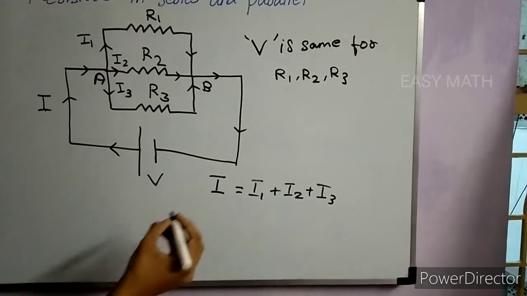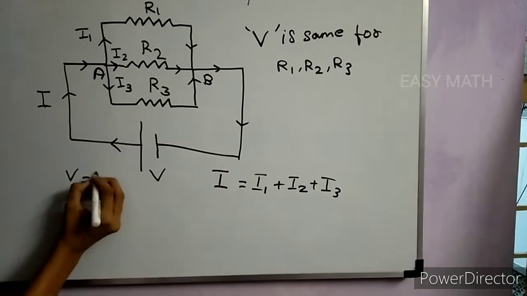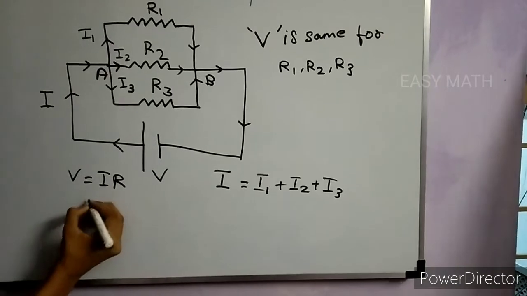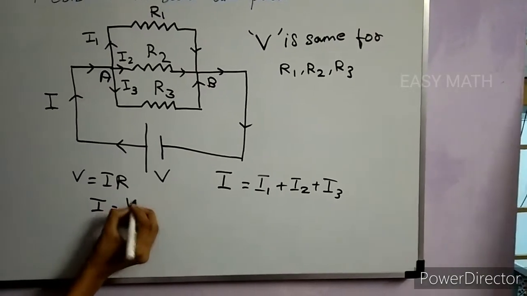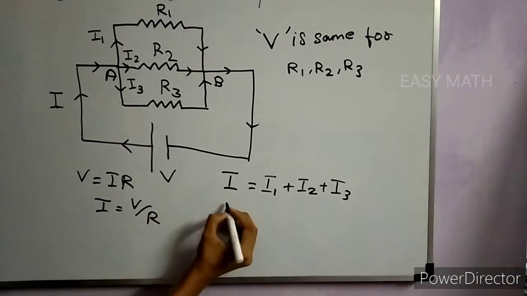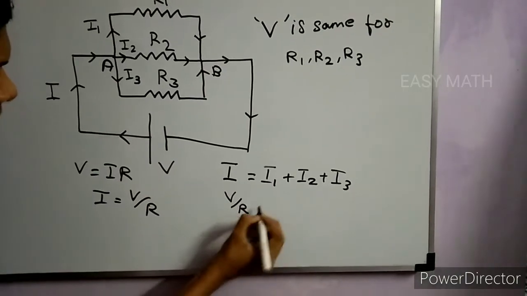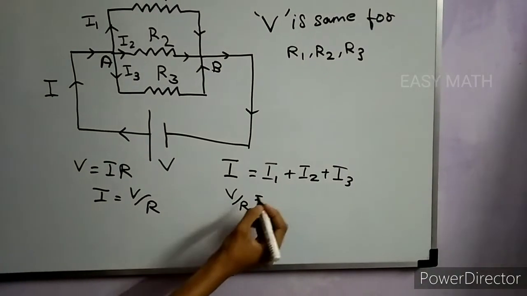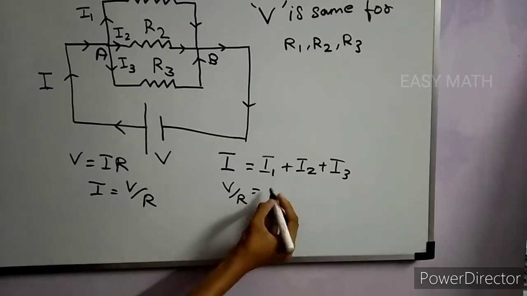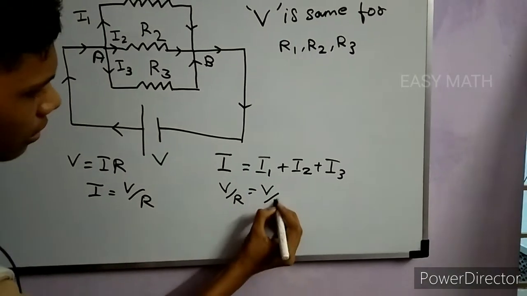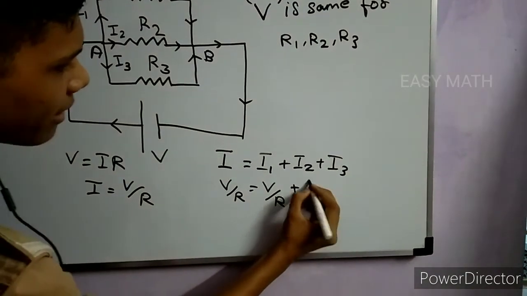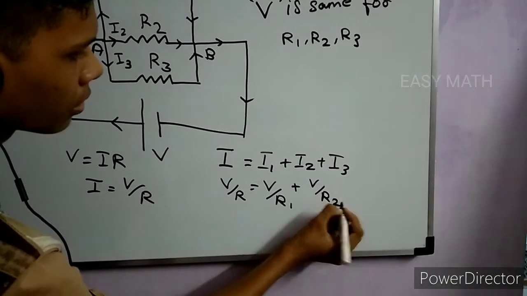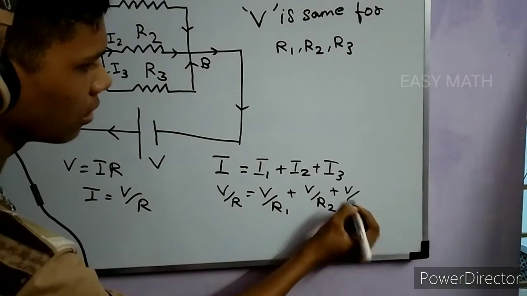We know from Ohm's law V is equal to IR, then I is equal to V by R. We know the potential difference is the same, so V by R1 plus V by R2 plus V by R3.